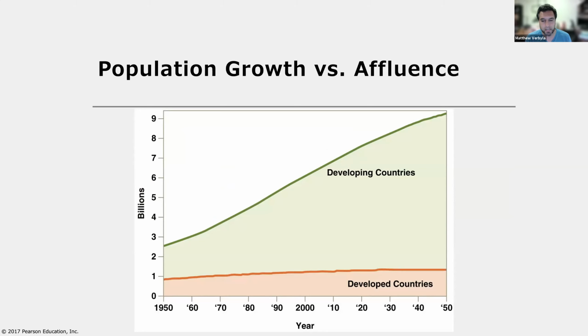It's projected that they'll maintain a relatively steady population at around 1 billion. Whereas developing countries, the lower income populations of the world, their population has increased from 2.5 billion in 1950 to currently around 6 billion and is projected to continue increasing at a higher rate than developed nations.